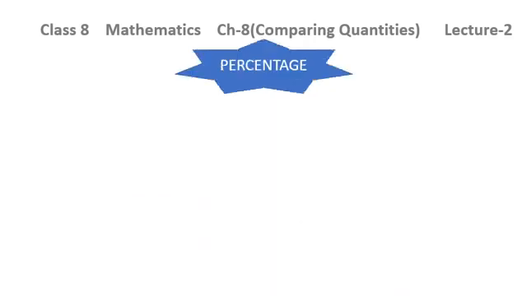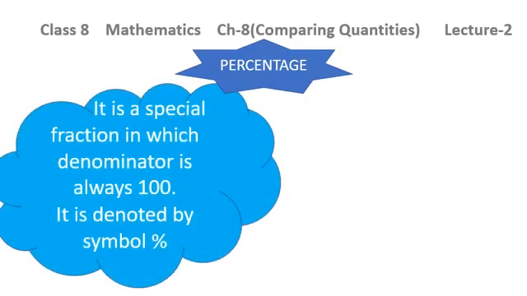Let us revise what we have studied in the previous lecture. We have studied about percentage. What do you mean by a percentage? It is a special fraction in which the denominator is always 100. If I say I need to find the percentage of a number, I mean that I need to find the fraction of that particular number.